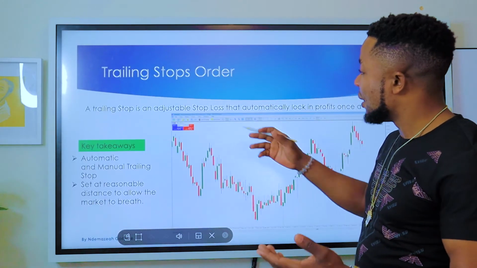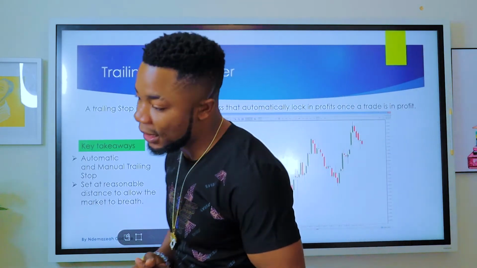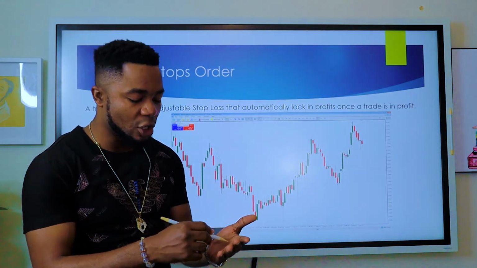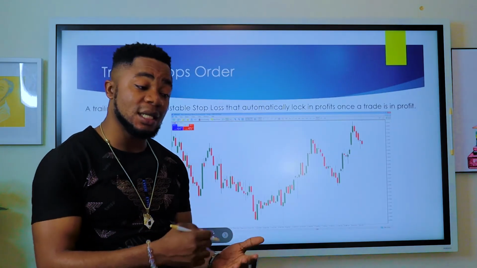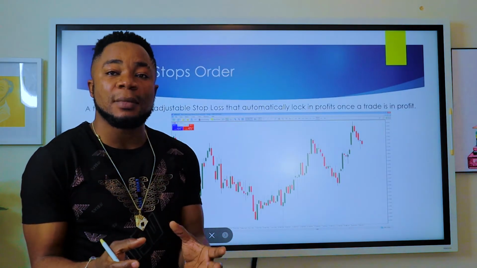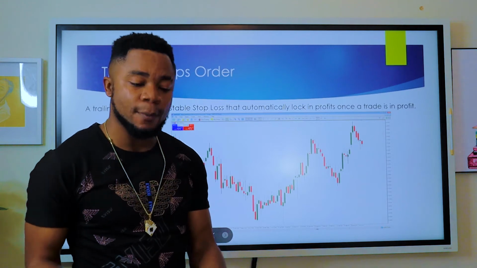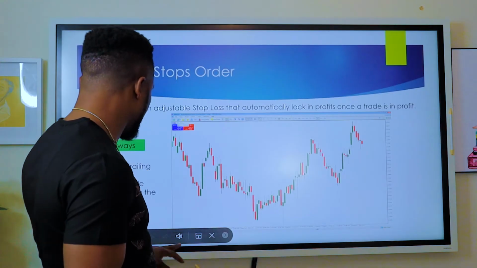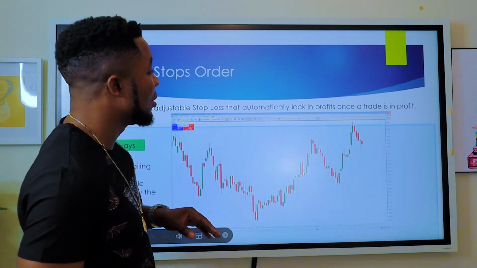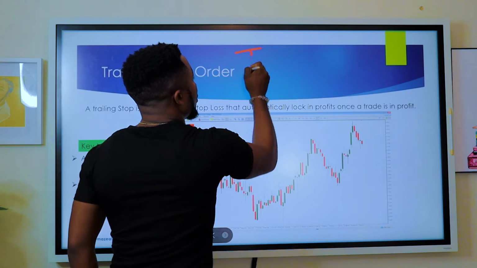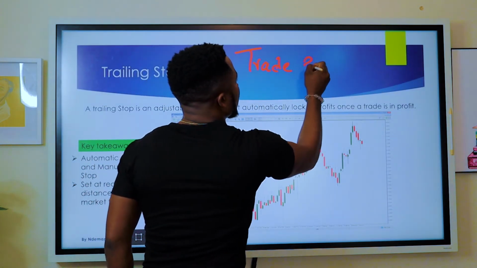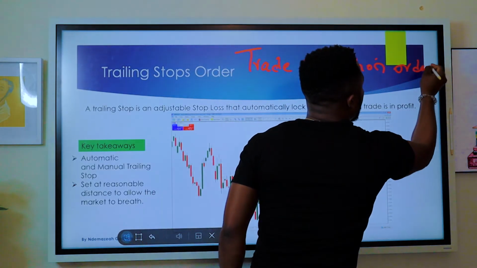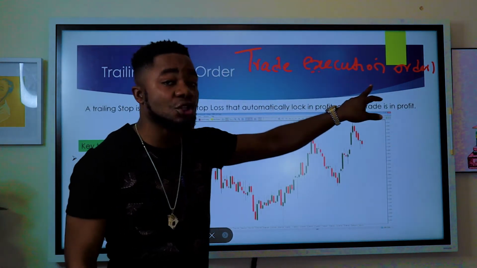After the stop loss order, let's go to what we call trailing stop orders. Now, when we talk of stop loss orders, like a stop loss and trailing stop, those are trade management orders. You are using them to manage the trade. Let me put it this way. In trading, you have what we call trade execution orders.